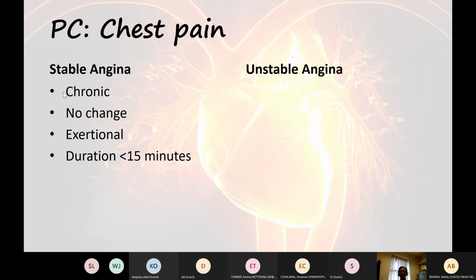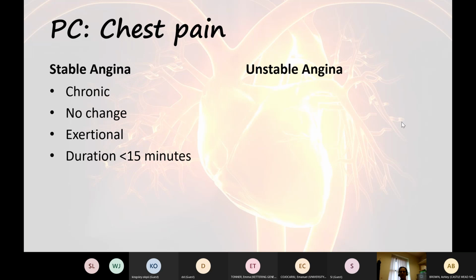So by definition, new onset angina is unstable and at some point, not precisely specified, I'd say somewhere between a month and 3 months, it becomes stable angina. Unstable angina, as we've said, it can occur at rest and it's new and it can last longer than 15 minutes.